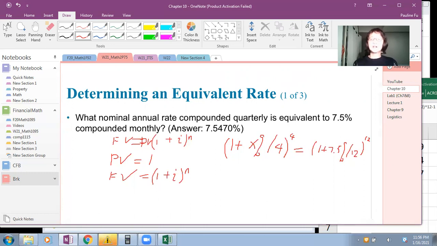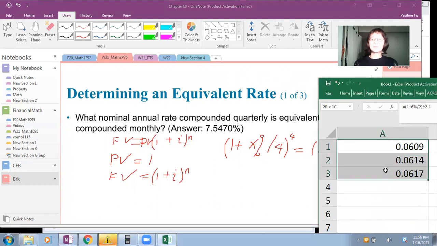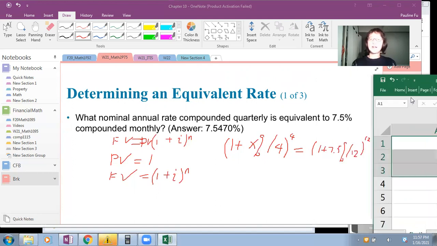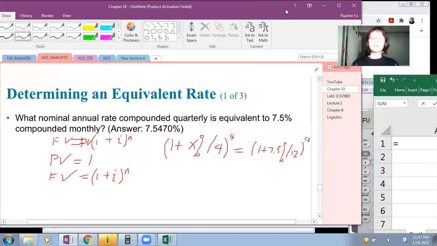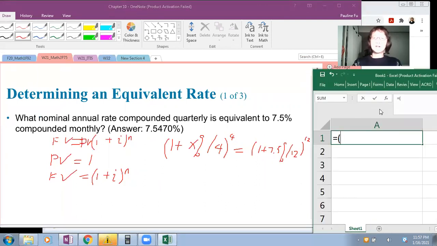Okay, so how do I solve it? I will do the right hand side. Right hand side is 1 plus 7.5% over 12 raised to power 12. This is the right hand side.